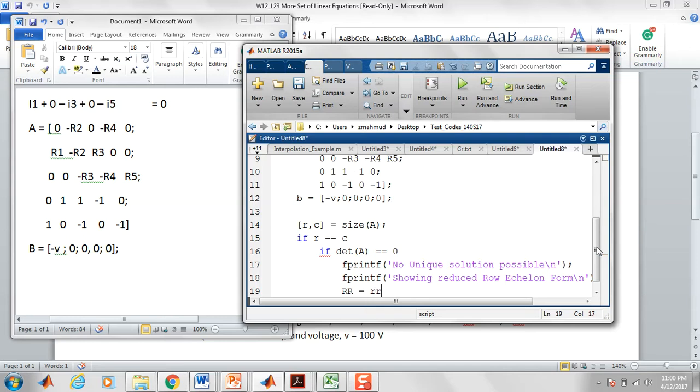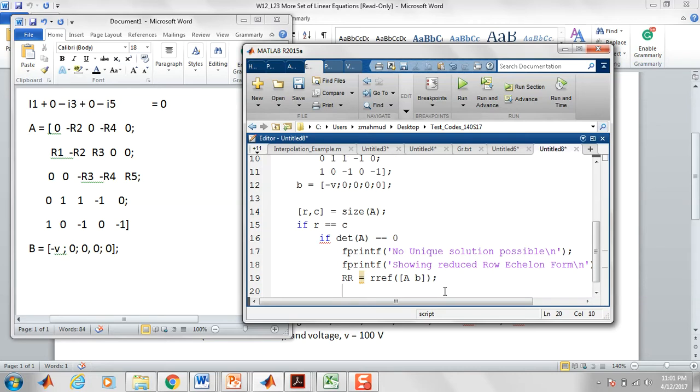So RR equals RREF, because I don't want to use the same function name with a different capital letter. It would still be different, but sometimes it's hard to recognize that the same name is used. Inside the RREF, which is a built-in function, I'm going to write A and the space B. So that's the augmented matrix.